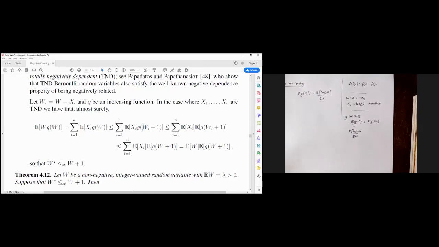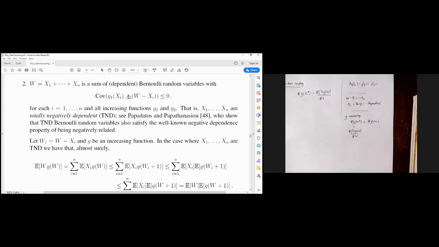The advantage of doing that is now I can use the fact that what I've got is an increasing function of xi there, multiplied by an increasing function of the rest of them, and use my total negative dependence definition, which says that the covariance between increasing functions of one of them and the sum of the rest of them is going to be negative.